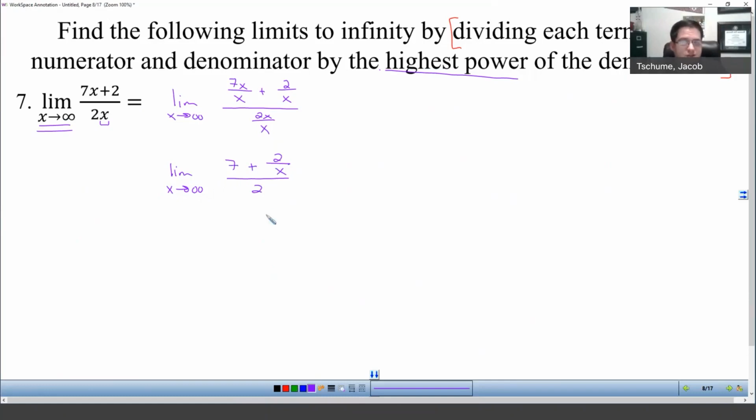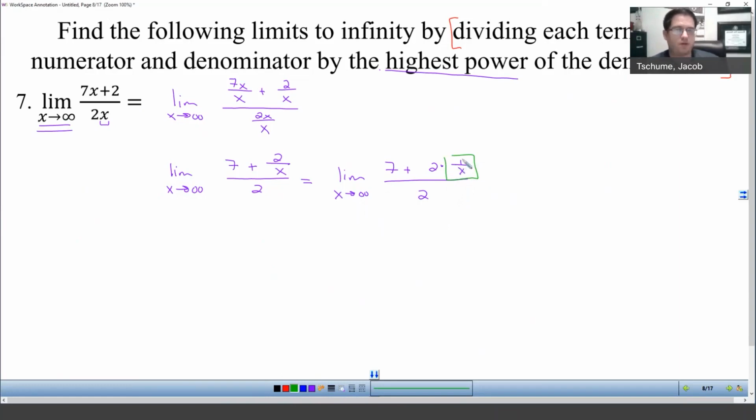What this now allows us to do is to use that property that we just went over. You will notice, and I can rewrite this one more time so we can actually see it. This is the limit as x approaches infinity of 7 plus 2 times 1 over x, over 2. When you apply the infinite limit to the only term that's left that has an x, you will notice that that is the form that we just talked about.